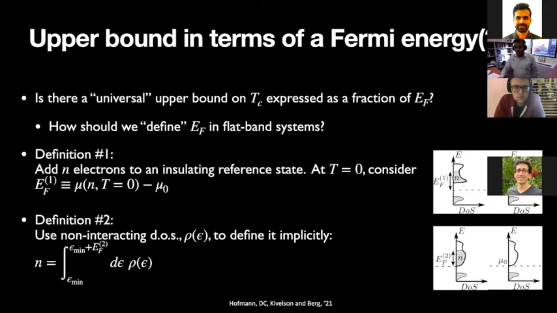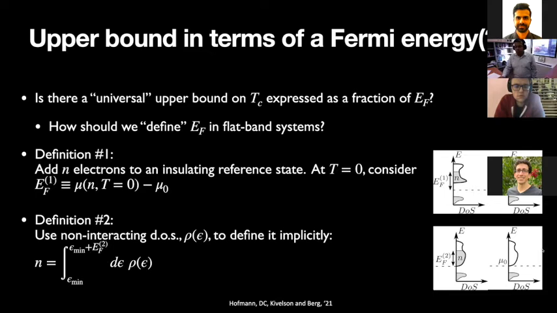This is just exaggerated for clarity. I want this band eventually to be a flat band. You fill it up with some electrons and you calculate this difference. So you calculate the difference between the chemical potential when you have n electrons and when you have none in this band. This gives you some estimate for something that's like a Fermi energy.